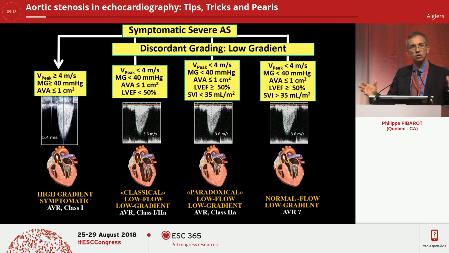You have the classical low flow, low gradient with the reduced LV ejection fraction. The paradoxical low flow, low gradient is the case where you have a preserved LV ejection fraction, but nevertheless a reduced stroke volume and flow across the valve. And you also have patients who have normal EF, normal stroke volume, but still this discordant grading with the small valve area and the low gradient. We call them normal flow, low gradient.